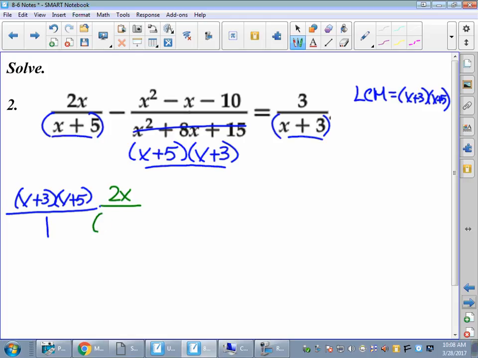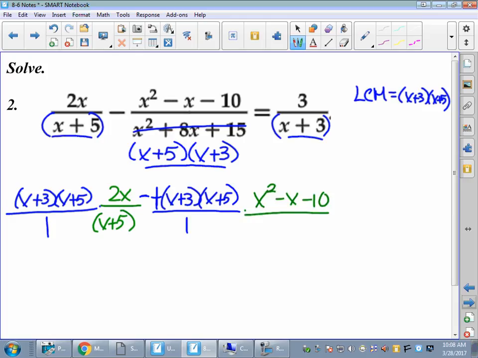Times 2x over x plus 5, this is my original problem, minus x plus 3, x plus 5. So that minus out in front there is going to be a negative 1. I'm going to treat it like a negative 1. Times x squared minus x minus 10 all over x plus 5, x plus 3.